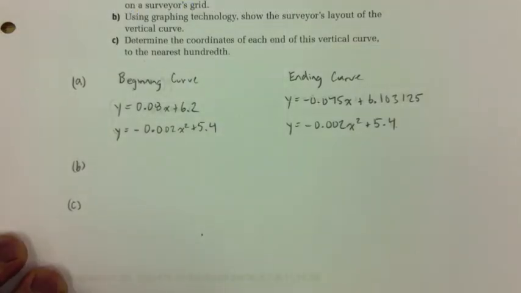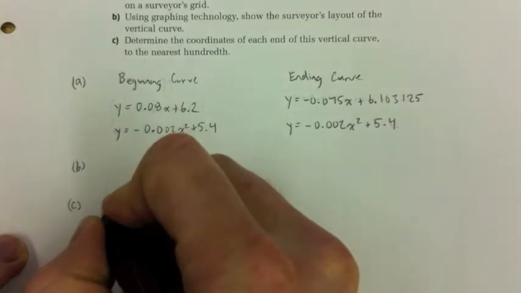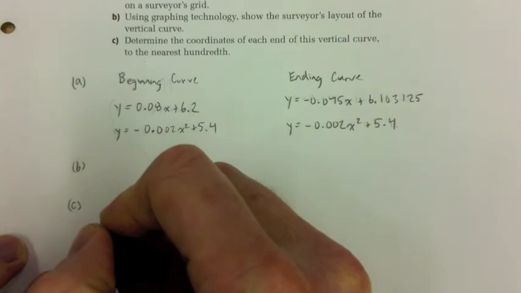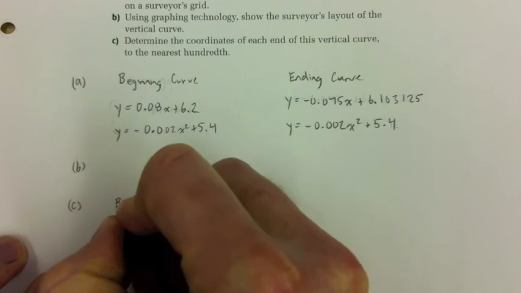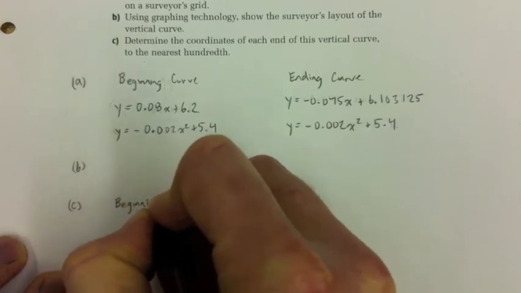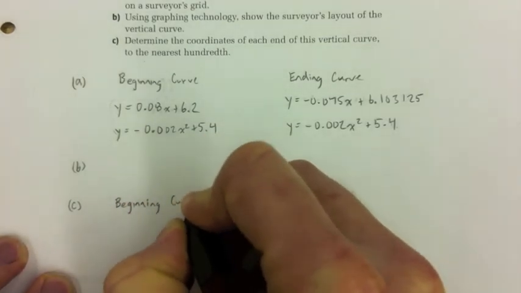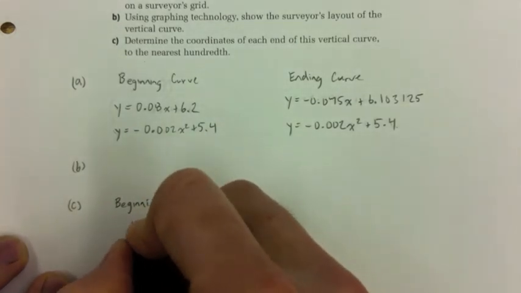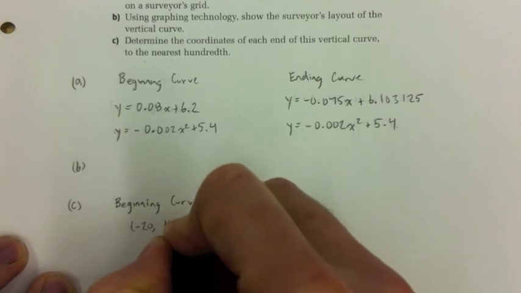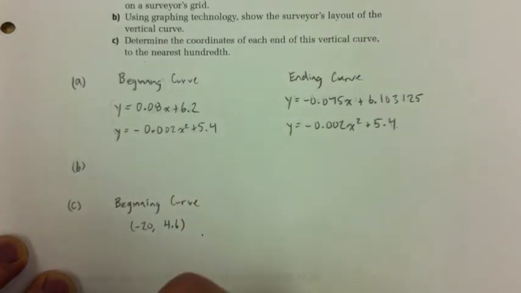Right. Determine the coordinates of each end of the vertical curve to the nearest hundredth. Again, we're going to use GeoGebra to do this, and we find that the point of intersection for the beginning of the curve happens at (-20, 4.6).